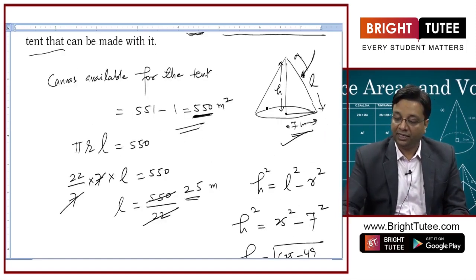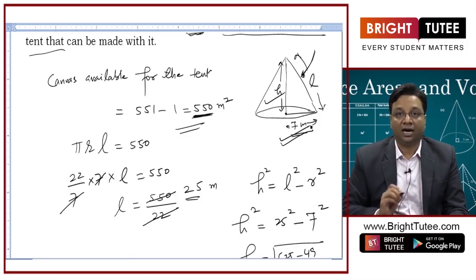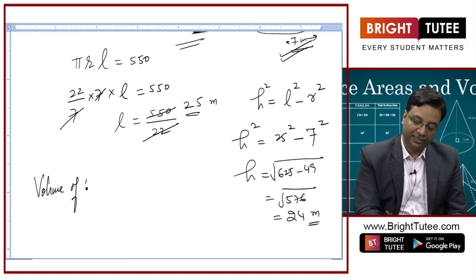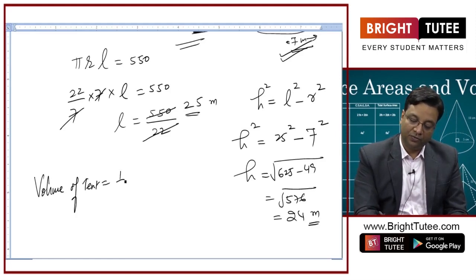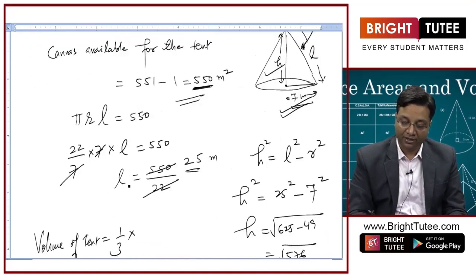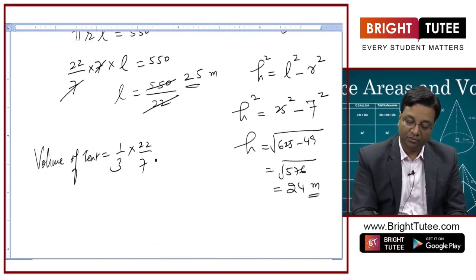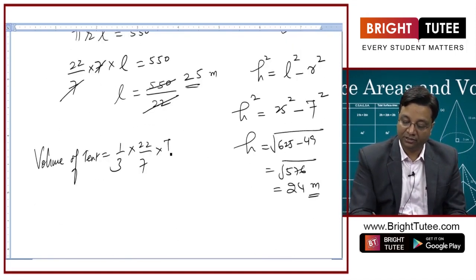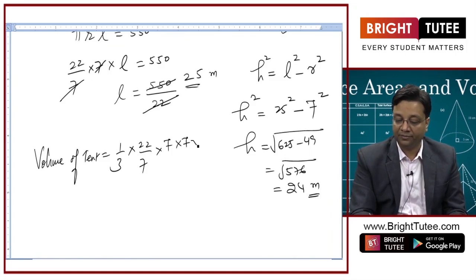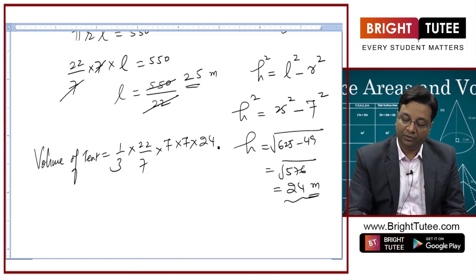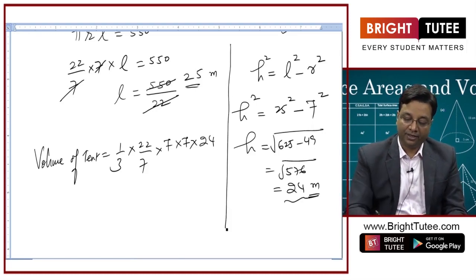Now that I have got h, I have already got r, so the volume of tent is equal to 1/3 of pi. In this case we will take pi as 22 by 7 because it is not mentioned otherwise. Radius square, so radius is given as 7, radius square will be 7 into 7 into height. We have calculated the height as 24, right.